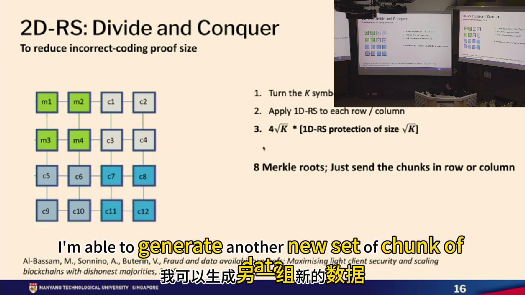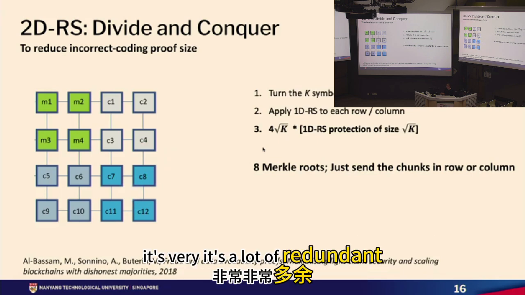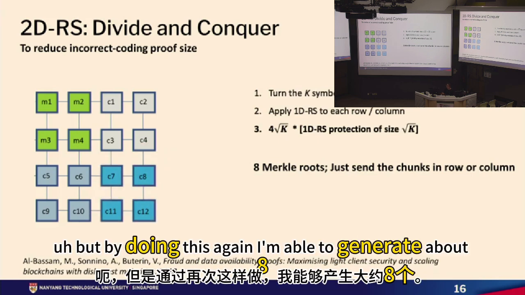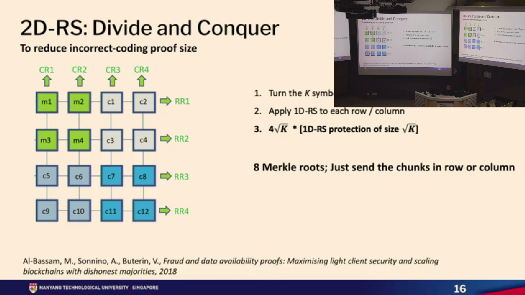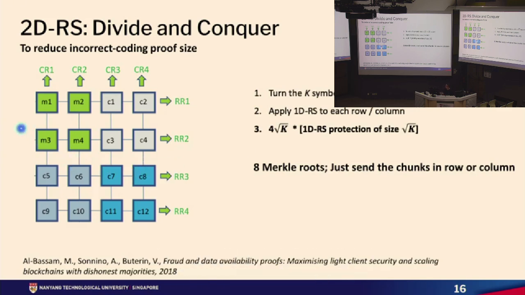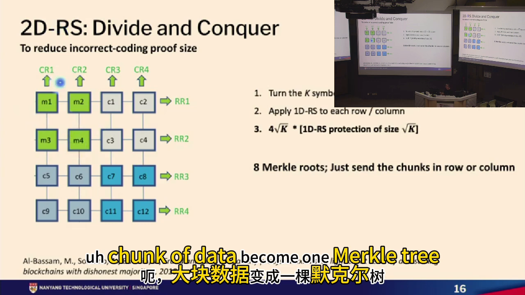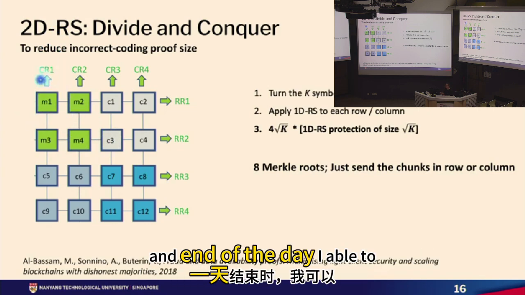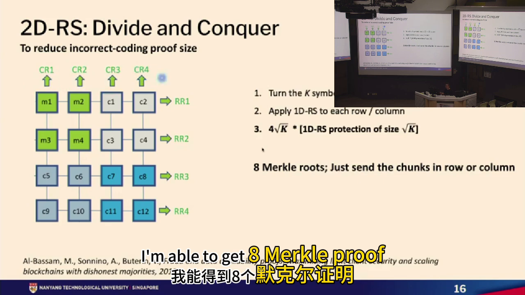By doing that, I'm able to generate another new set of chunks of data. It's a lot of redundancy. But by doing this, I'm able to generate about 8 Merkle roots. Each of these chunks of data becomes 1 Merkle tree, and at the end of the day, I'm able to get 8 Merkle proofs.